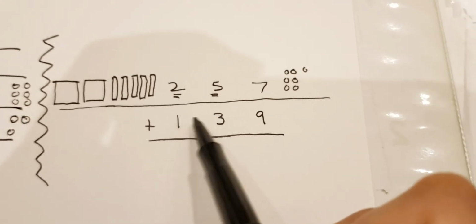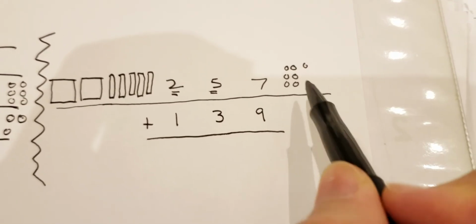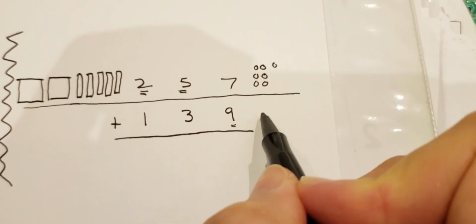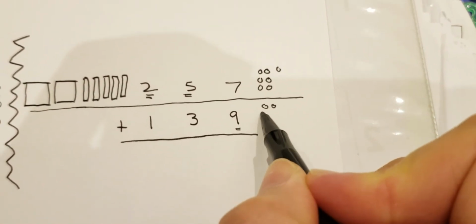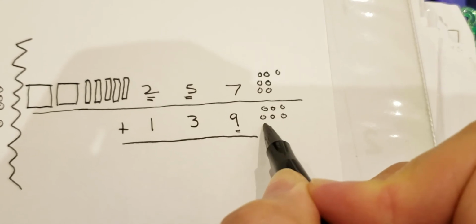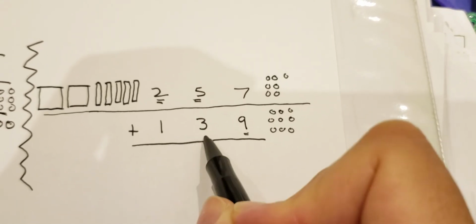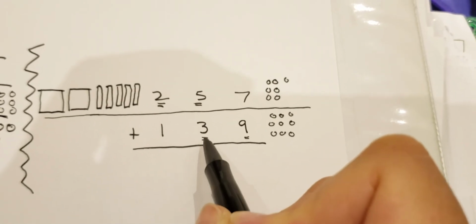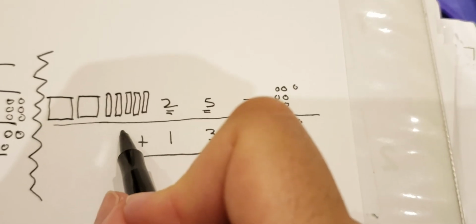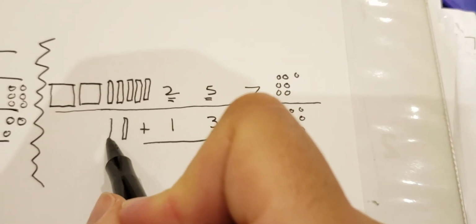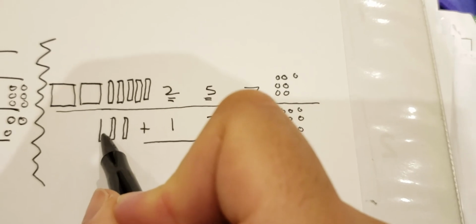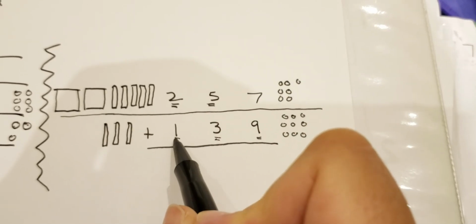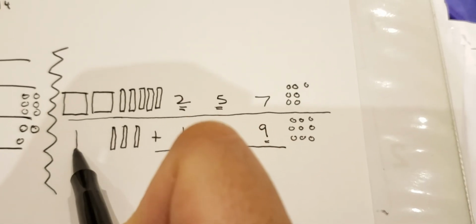Now we're going to draw for the bottom number, the base 10 pictures, okay? We have 9 ones. 1, 2, 3, 4, 5, 6, 7, 8, 9. How many tens? 3 tens. 1, 2, 3. How many hundreds? 100.